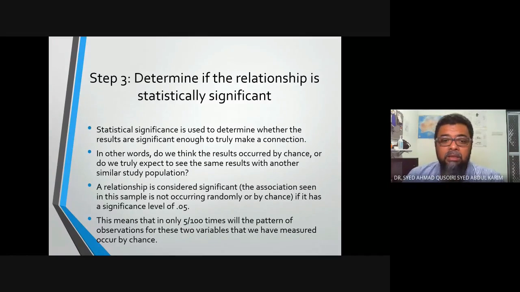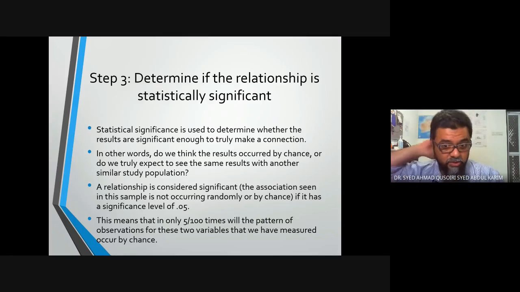So in other words, do we think the result occurred by chance, or do we truly expect to see the same results with another similar study population? Just because we have found this negative correlation in this particular survey, does it mean that we are going to find a similar relationship in other surveys that use the same procedures, or is it just by chance?